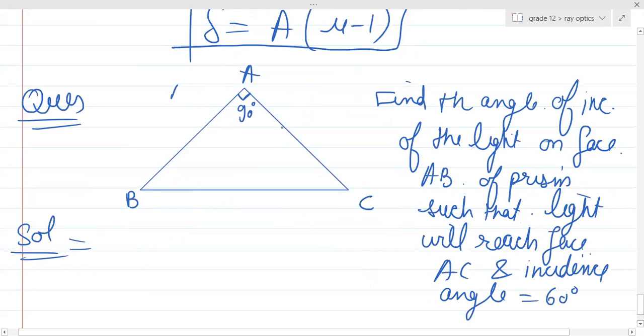So basically you want the light ray to reach on face AC in such a way that the angle of incidence on face AC should be 60 degree. And for this you need to find out what is this.